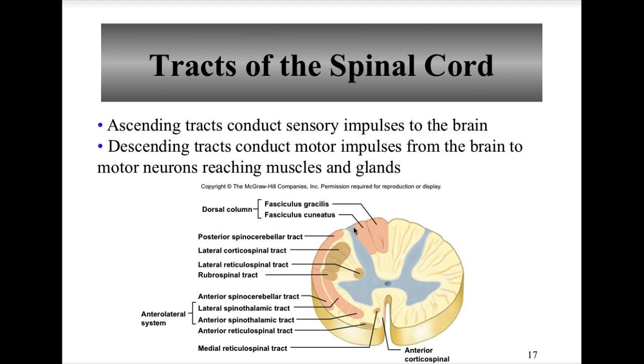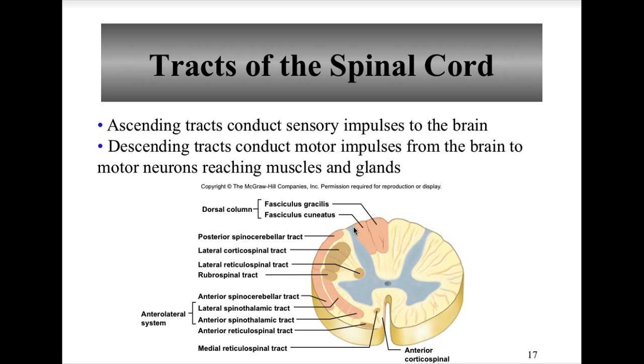In general, the ascending tracts are located in the posterior dorsal columns and are going to conduct sensory or afferent impulses from body parts up to the brain. Remember, afferent impulses are bringing things into the central nervous system from the peripheral nervous system.